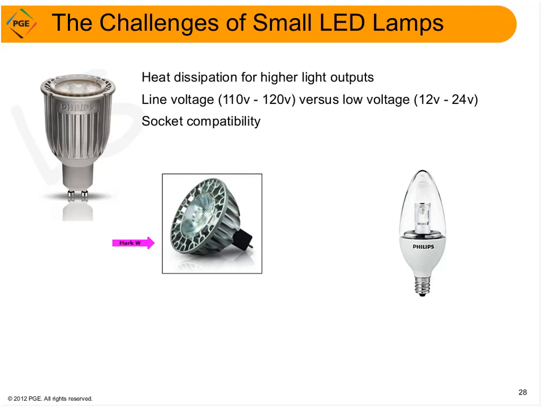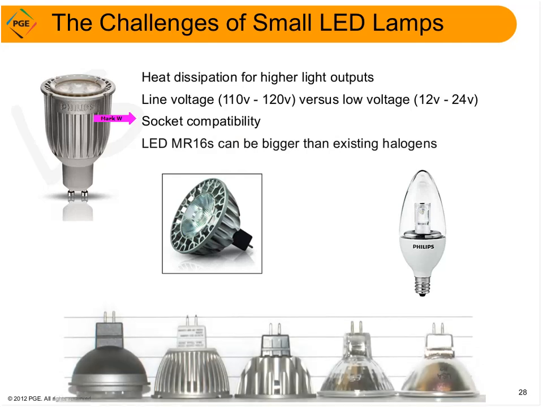However, it's more challenging to find ones to replace 50 watt halogen MR16s, but we're seeing a lot more coming to market. One of the things you need to know is that these MR16s can be either line voltage, although they're typically low voltage, and they also have different socket types, which we'll cover in the next slide.